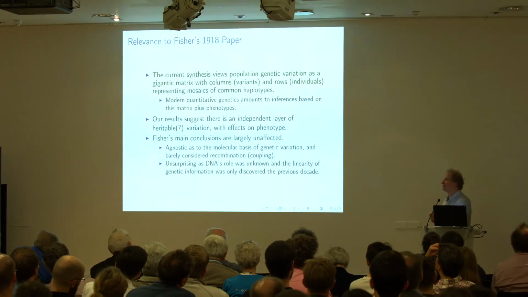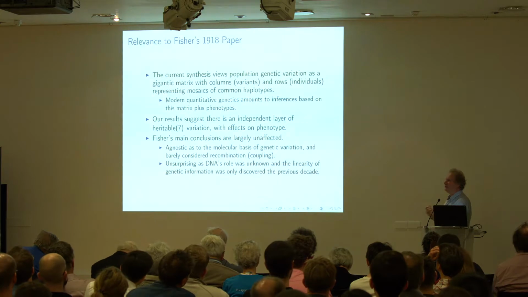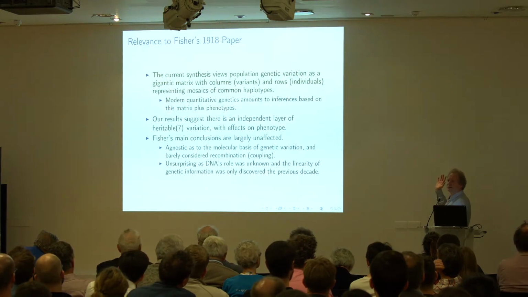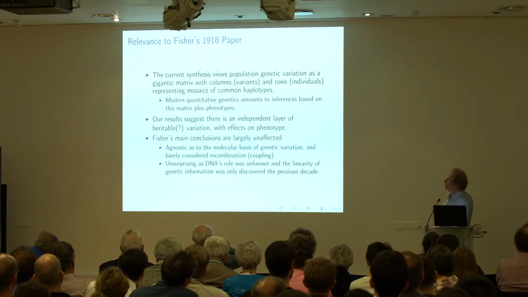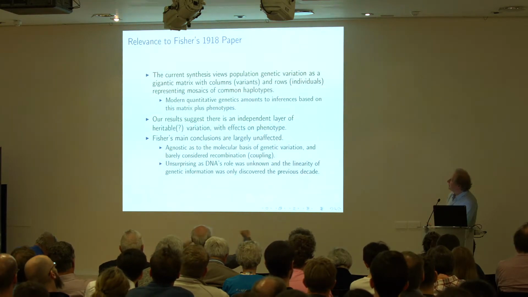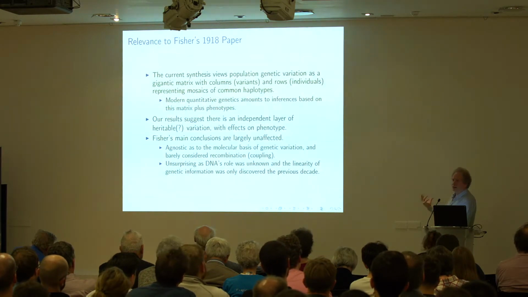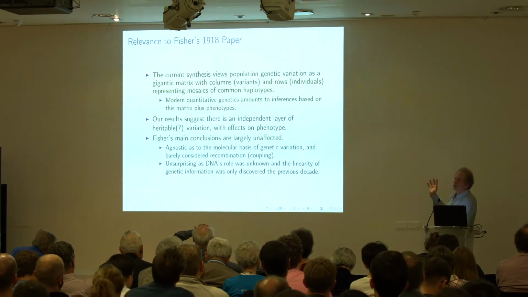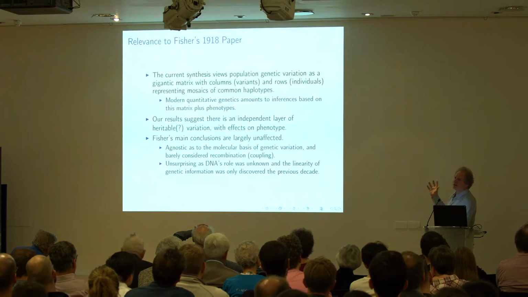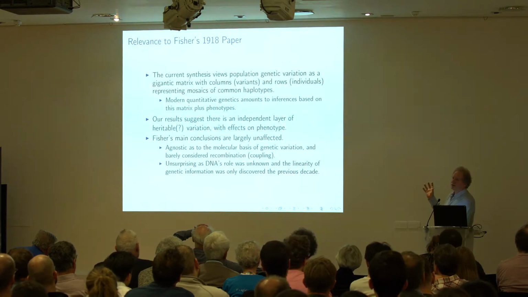He actually mentions recombination, which he calls coupling, but he then dismisses it as not affecting his results at all. I don't know if that's quite true. But because he's completely agnostic as to what is the cause of the variation, all of what I've described here kind of fits within that framework. It's a different way of measuring variation within the genome.